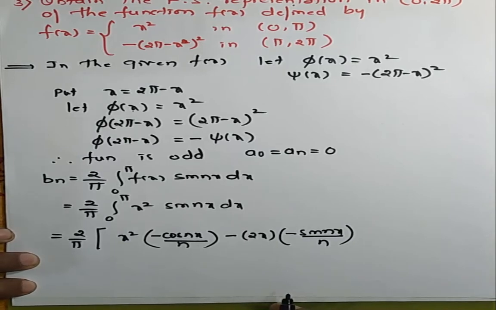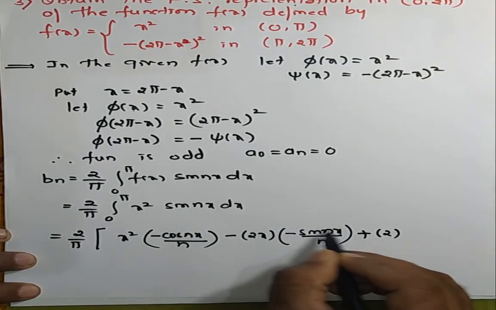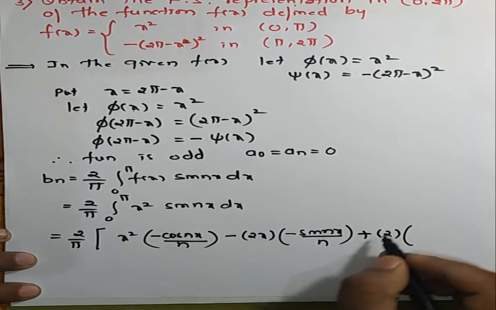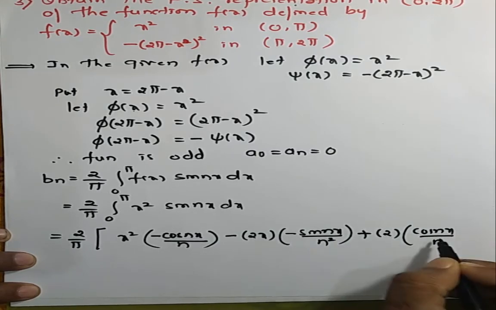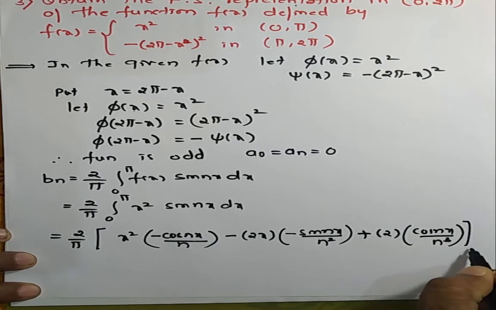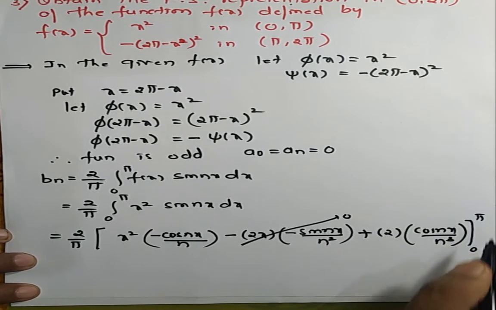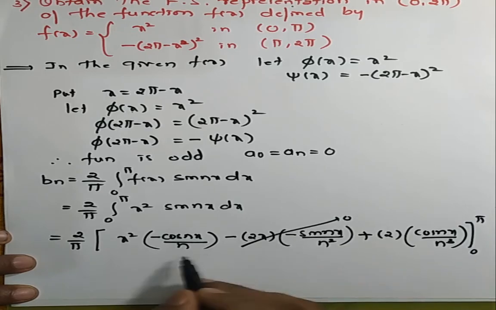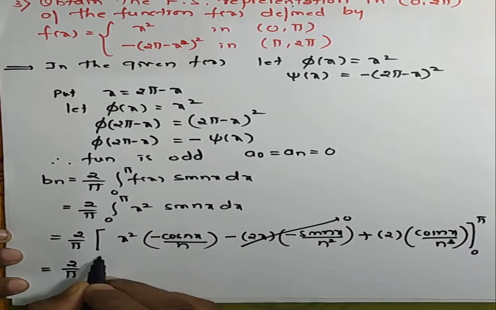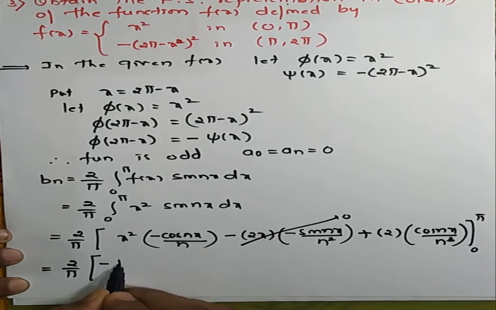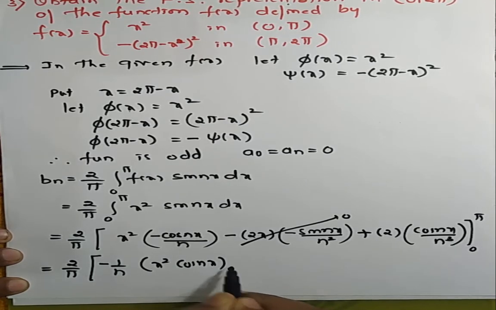Then plus, alternate sign, differentiation of 2x is 2, then again integration of sin is minus cos, so it becomes plus cos nx divided by n square, n cube, applying limit 0 to pi. As I told you, if you apply the limits, the sine function becomes 0, the remaining part is 2 divided by pi, bracket, minus 1 divided by n x square into cos nx, applying limit 0 to pi.